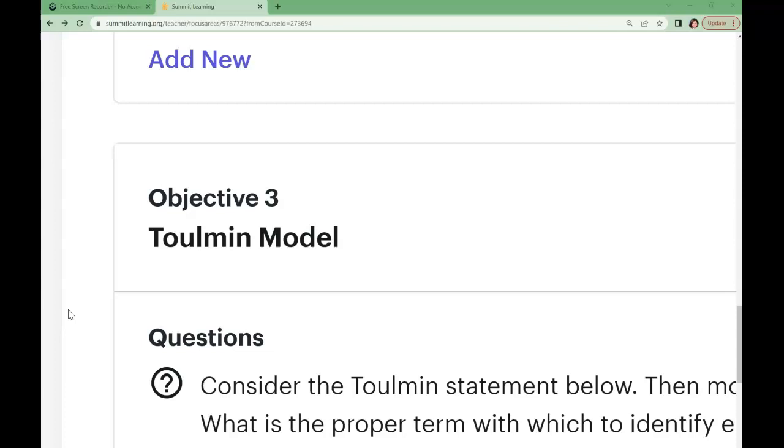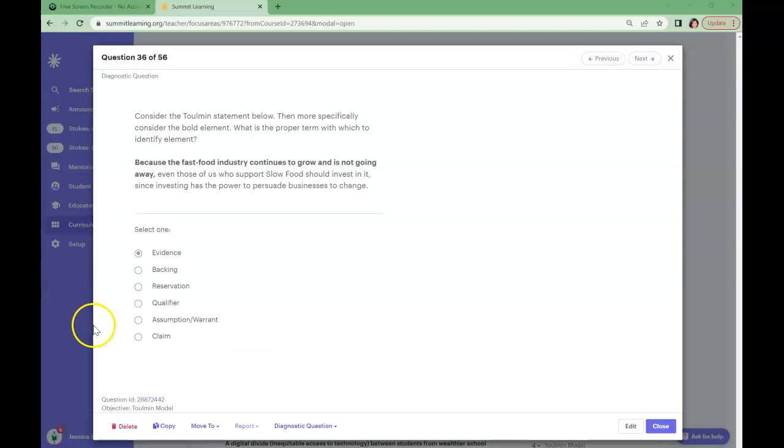And so what we have here is the Toulmin model. The Toulmin model has different elements that allow for more complex argumentation. We have the claim, the evidence, the backing, the assumption and warrant, the reservation, and the qualifier. Each of those things allows for much more complex argumentation.